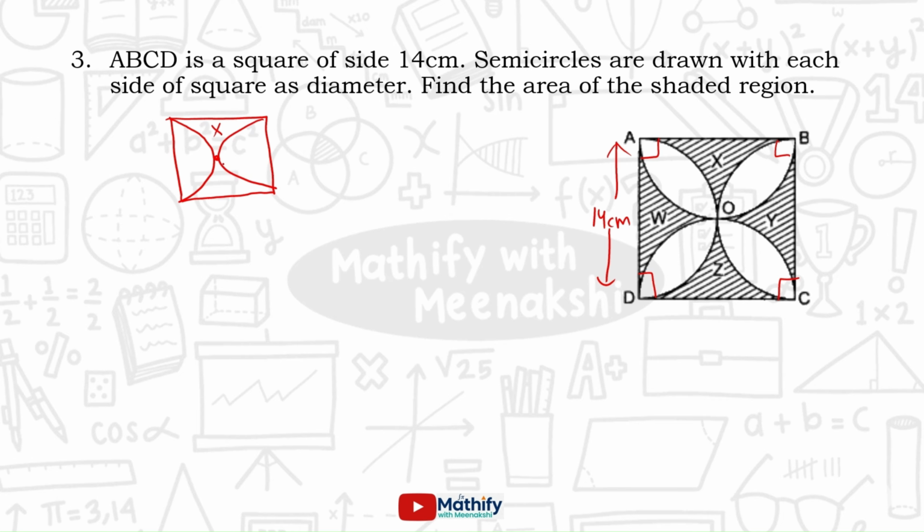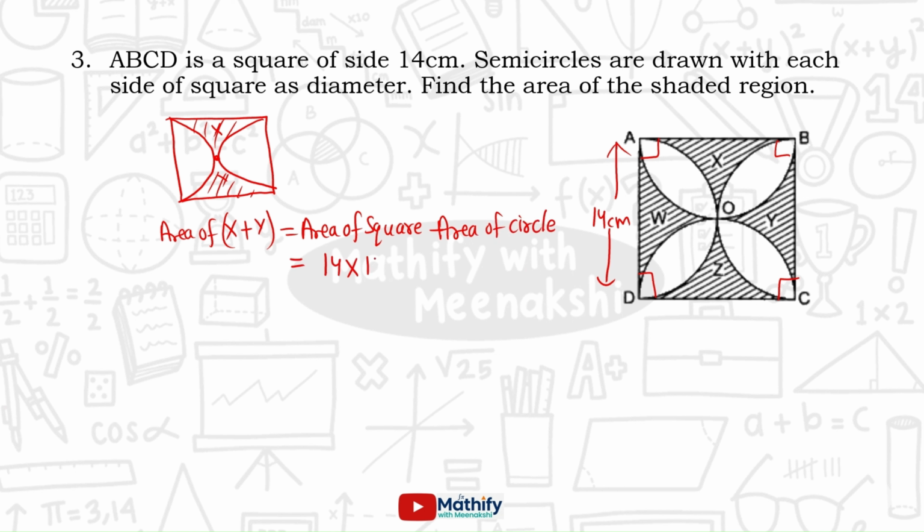Now, first I will find the area of xy. How will we get this area xy? Just see carefully. Area of x plus y is area of square minus area of two semicircles. That means area of circle, you can say simply. Now area of square is side into side.